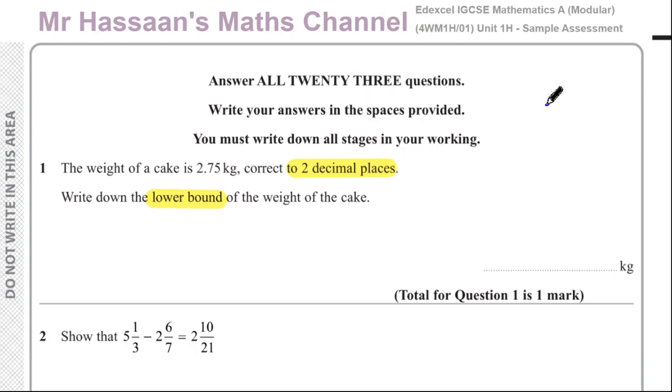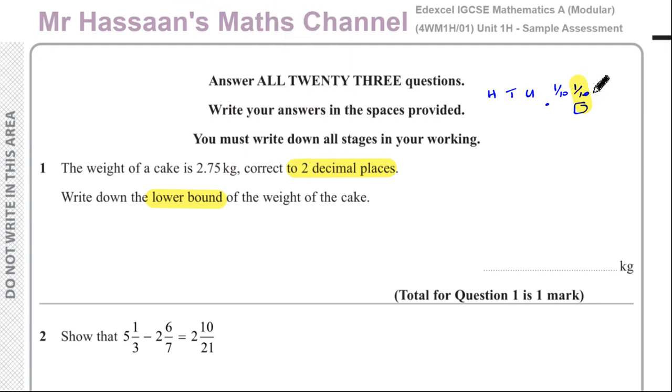You have your decimal point, you have your units, you have your tens, you have your hundreds, and here you have your tenths, and here you have your hundredths. So 2 decimal places, we're talking about this position over here. We're talking about that place over there, the hundredths.